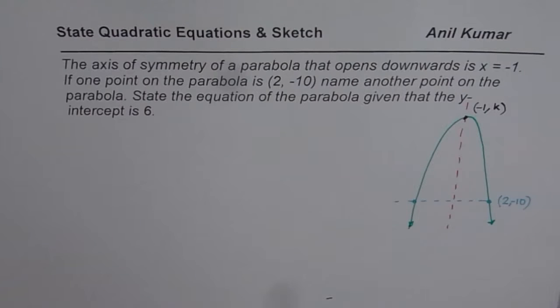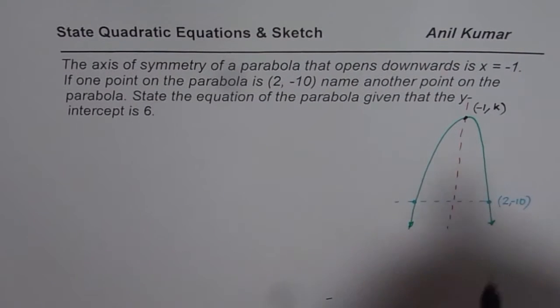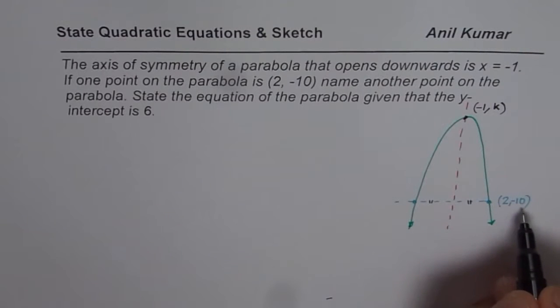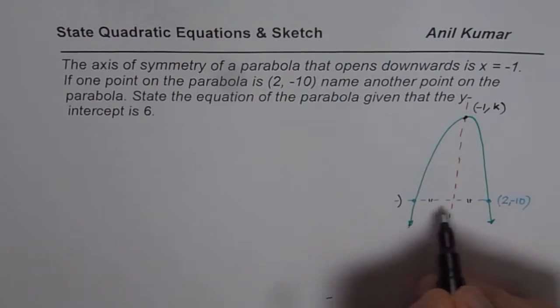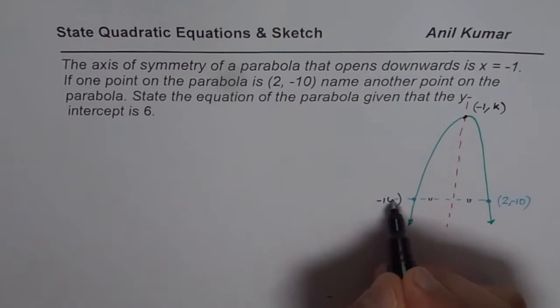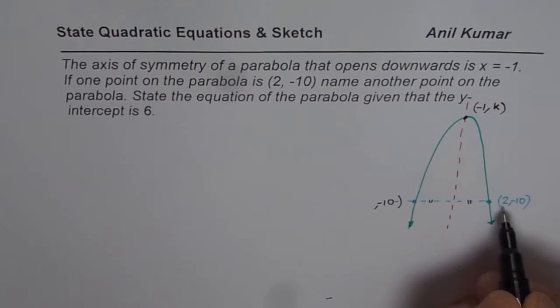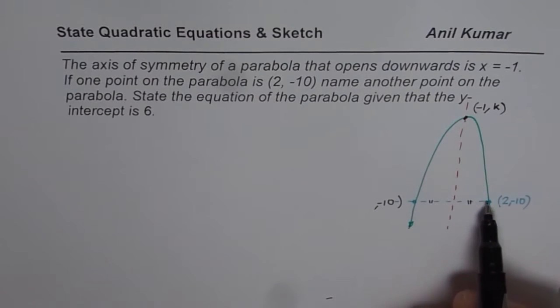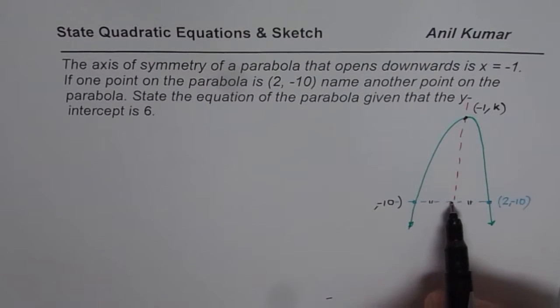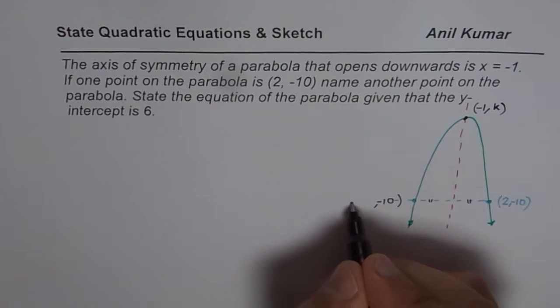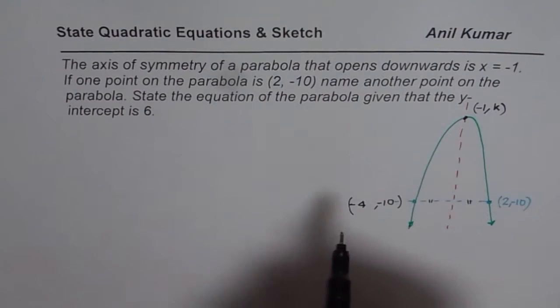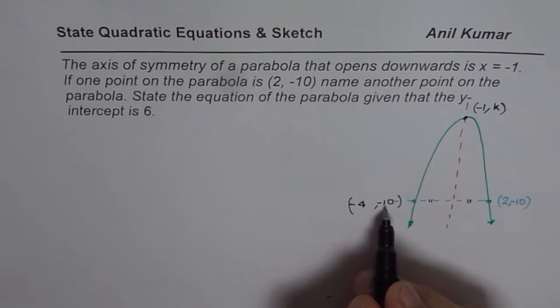The y value will be the same, minus 10, but the x value will be 3 units away on the other side. Minus 1, 0, 1, 2, 3 units. So 3 units to the left will be minus 4. The other point will be (-4, -10).